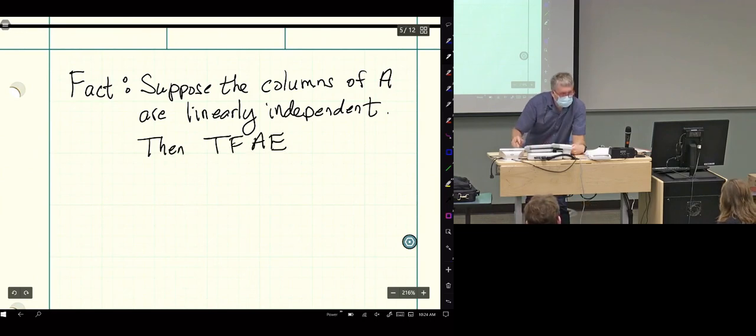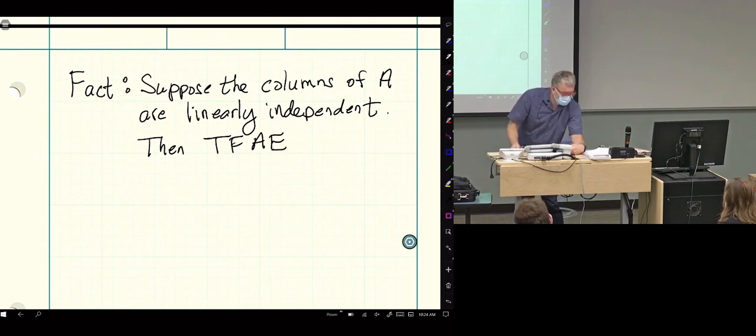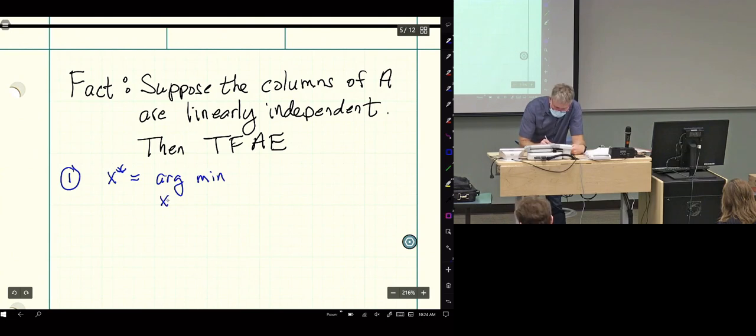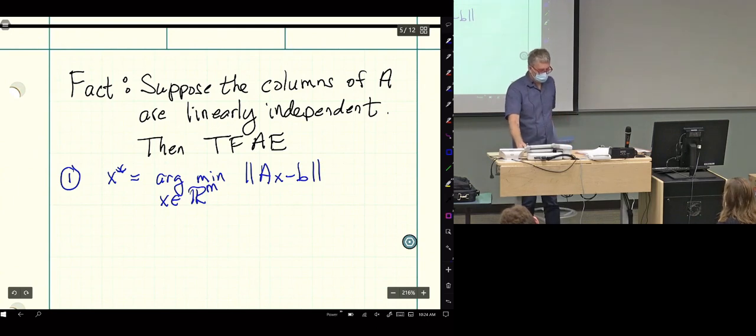Are we good with TFAE? The following are equivalent? Okay, cool. 1. This is the guy we're after, or the gal, the object, arg min. We're looking over a huge set of possibilities, and we want the value that makes this error as small as possible.